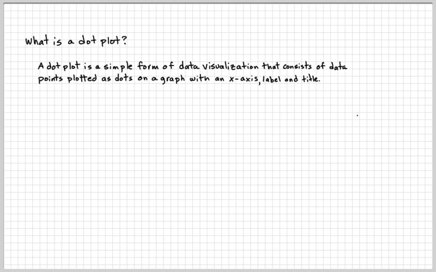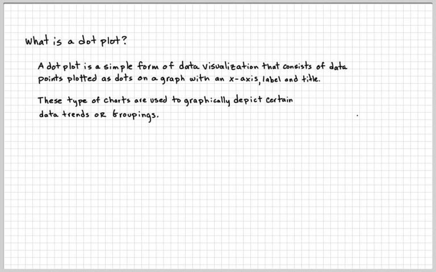Alright, so what is a dot plot? Well, it turns out that a dot plot is a simple form of data visualization that consists of data points plotted as dots on a graph with an x-axis, label, and title. These types of charts are used to graphically depict certain data trends or groupings.